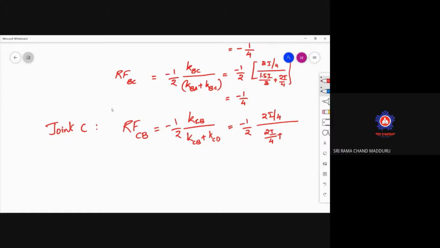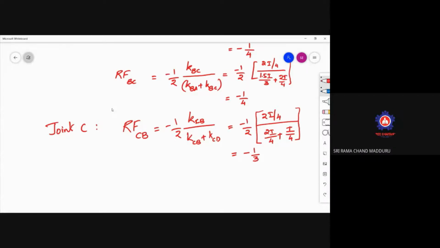here coming to KCD, the moment of inertia is I and the length is 4. Here you have to understand one thing: the far end D is fixed, hence there is no reduction in the relative stiffness of the member. If the far end D is a hinge or roller support, then you would get KCD as 3/4 of I by L. Most of you in the examination made a mistake while calculating the relative stiffness of the members. Now what is this value? Minus 1 by 3, sir. Minus 1 by 3.